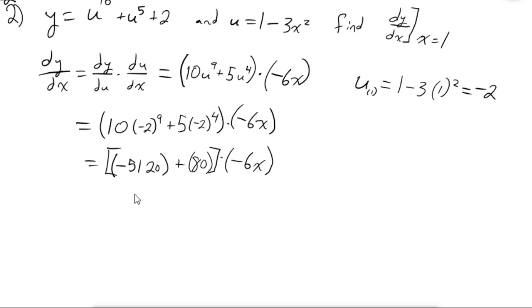And actually, sorry, we know the point x, so let's put that in now. x is equal to 1, so it's all just multiplied by negative 6. So we have negative 5,120 plus 80 multiplied by negative 6, which is going to give us a final answer of 30,240.